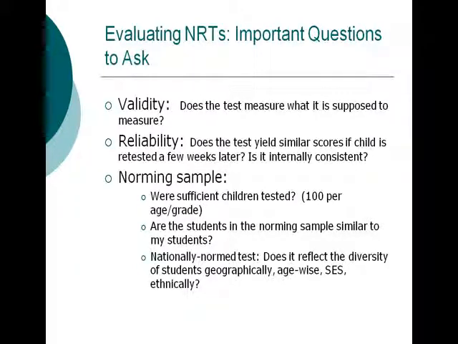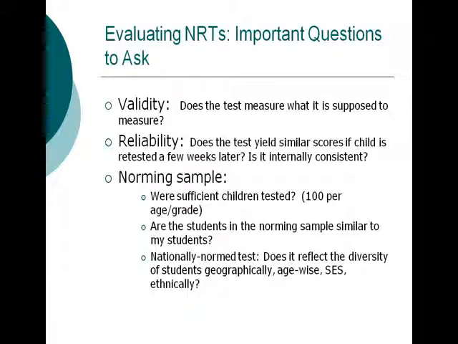You also want to ask, are the students in the norming sample similar to my students? And in the case I gave you, San Francisco kids are probably not similar to the Western, fairly rural or small town kids. If you have a well-normed national test, it should be similar because they will take a lot of care to make sure that they have Midwestern, Southwestern, Southeastern, Northeastern.